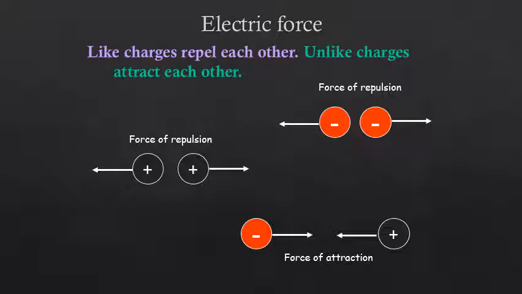So two negatives repel each other, two positives also repel each other, whereas a positive and negative are attracted to each other. Okay, now let's look at this animation. You can see the negatives repel and the positives repel. They're the same, whereas the positive and negative combine.